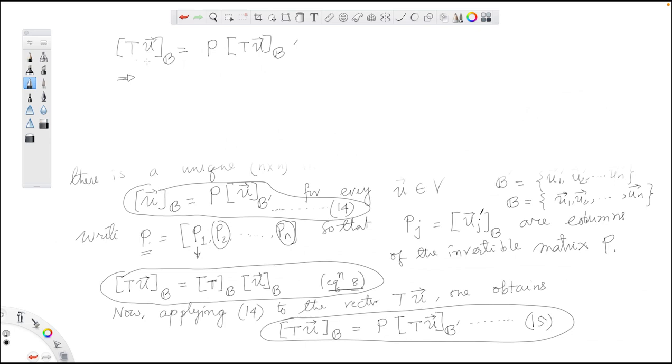Using 8, this can be written as the matrix representing the linear operator T relative to the ordered basis B times the coordinate matrix of u relative to B is equal to P times the coordinate matrix of Tu relative to B prime.